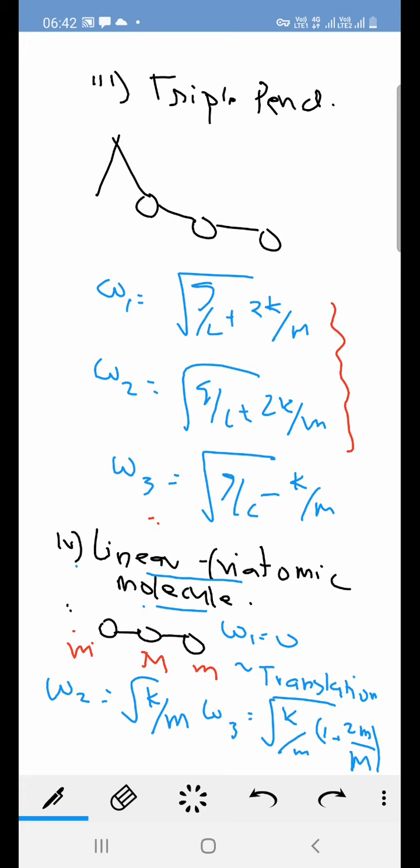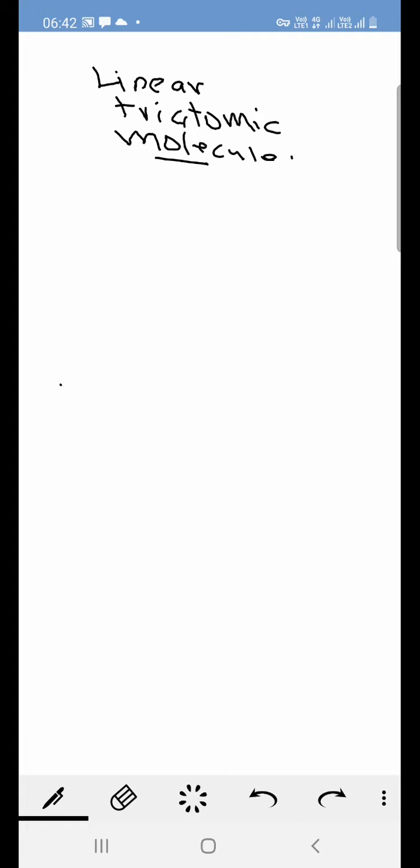Now, for this linear triatomic molecule, there will be 3 degrees of freedom for rigid translations, and rigid rotation accounts for only 2 degrees of freedom. By rigid we mean the atoms are fixed.